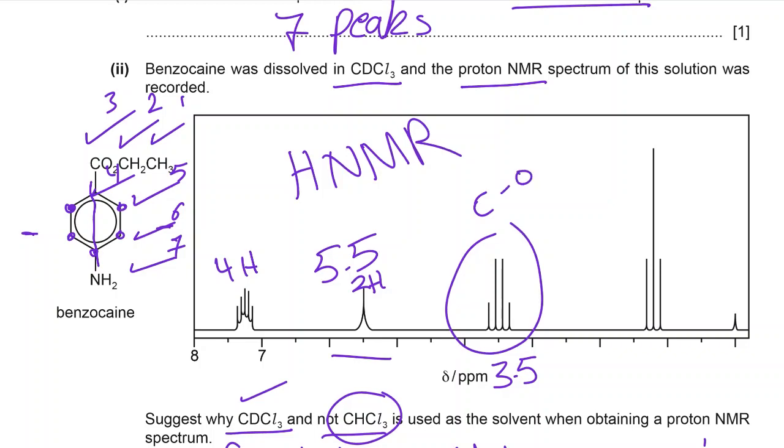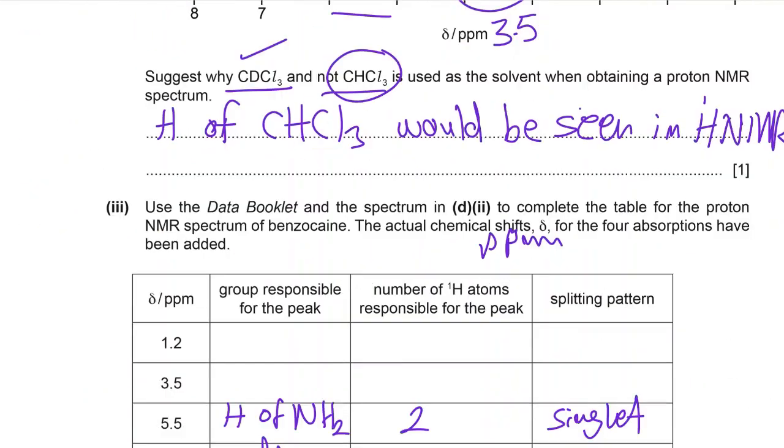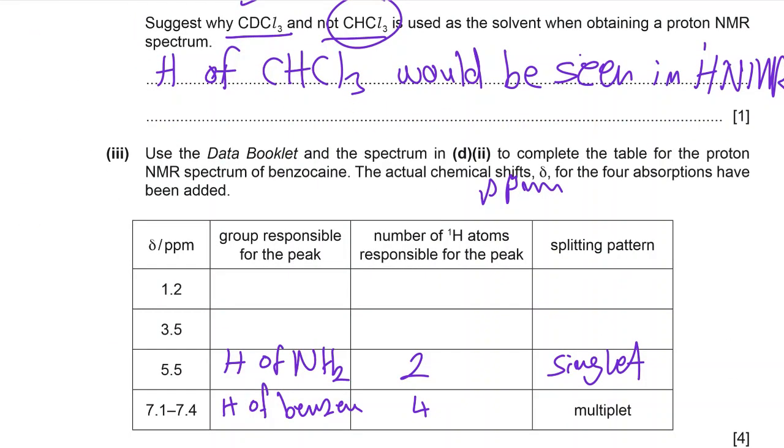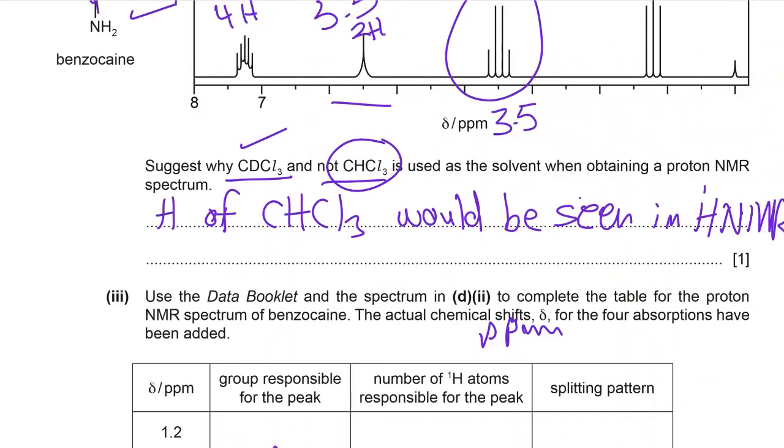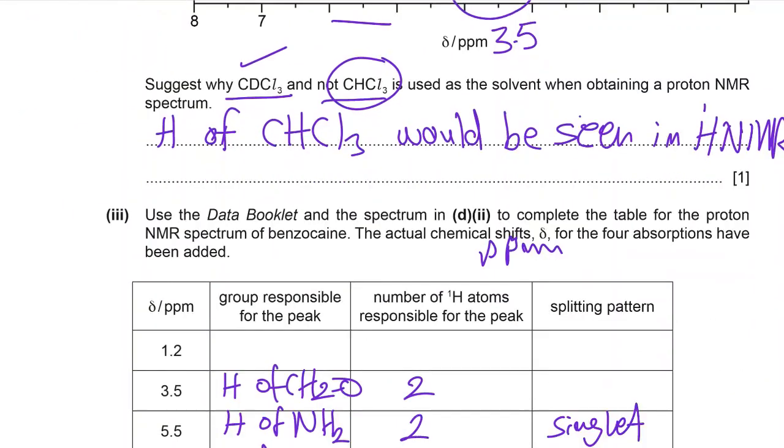So the carbon which is holding hydrogen and directly bonded to the oxygen, this one, is for CH2. Here we have 2 hydrogen, and the splitting pattern is a quartet.